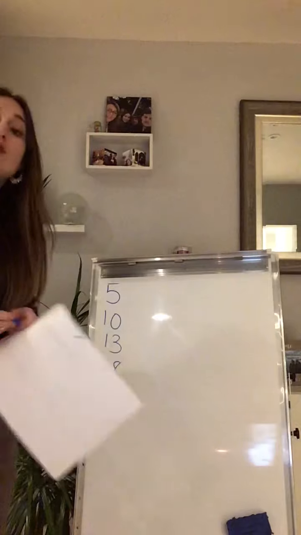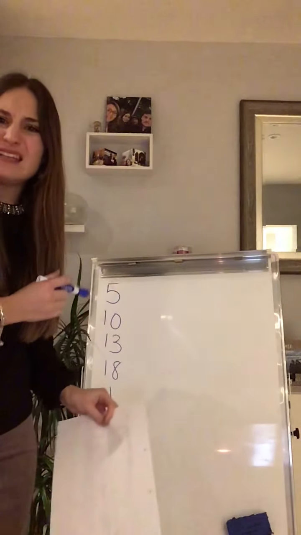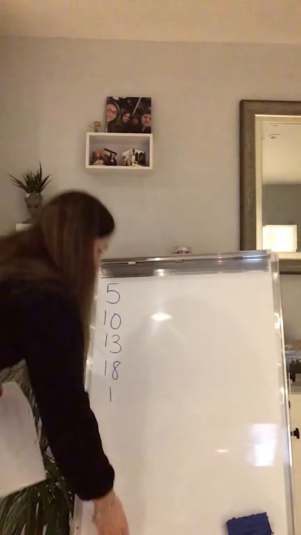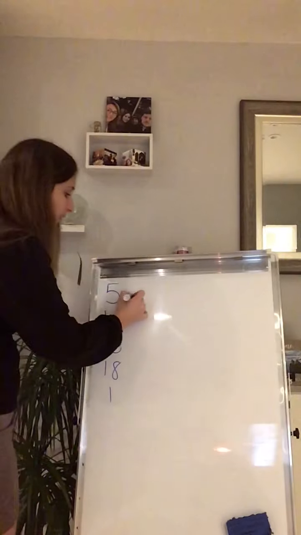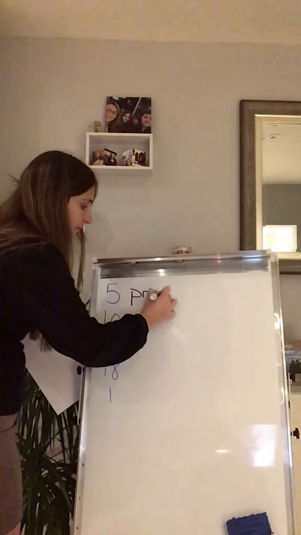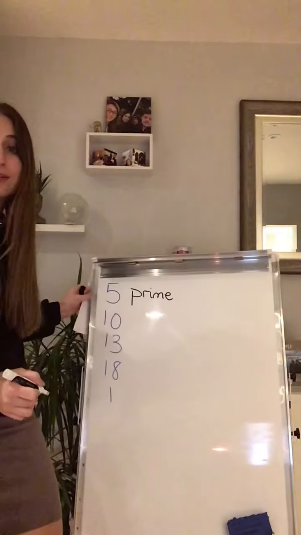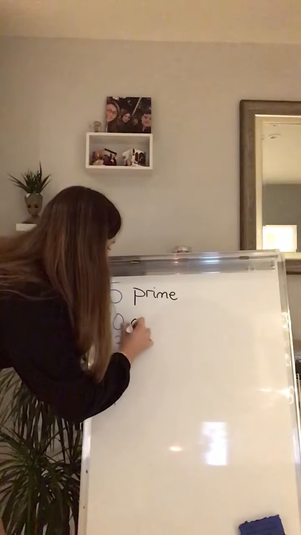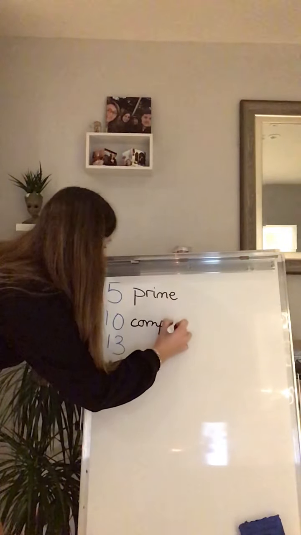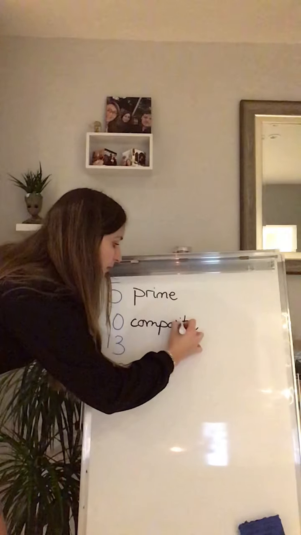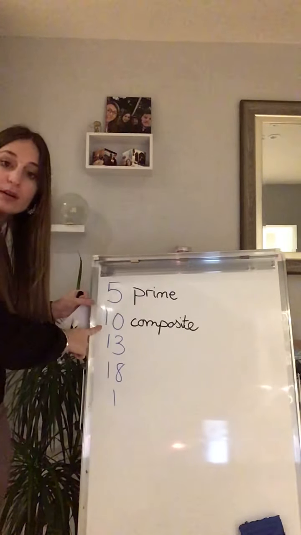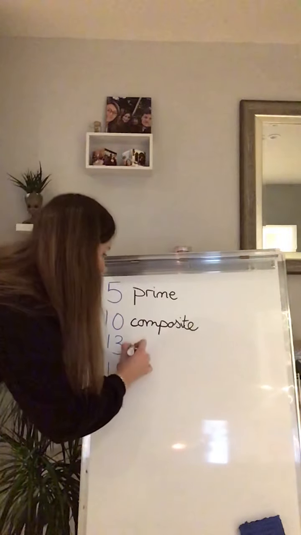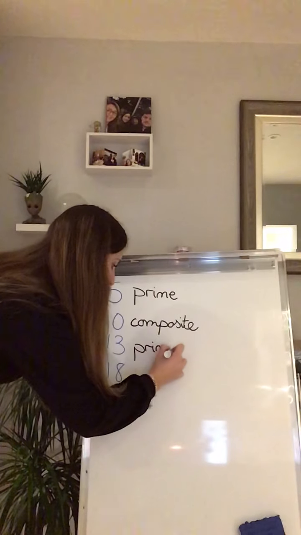Your work was you had to label those numbers by saying is it a prime number or is it a composite number. So 5 you should have as a prime number because its factors are 1 and 5. 10 you should have as a composite number because its factors are 1, 10, 2 and 5, more than 2. 13, a prime number.